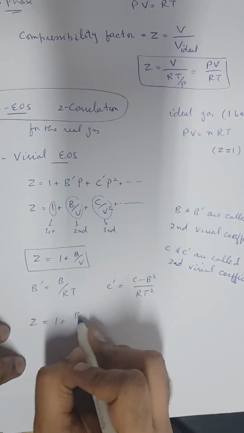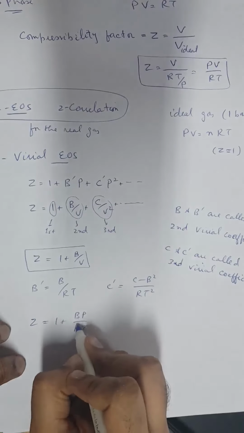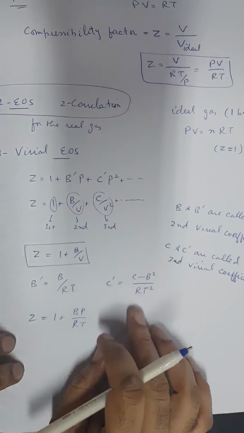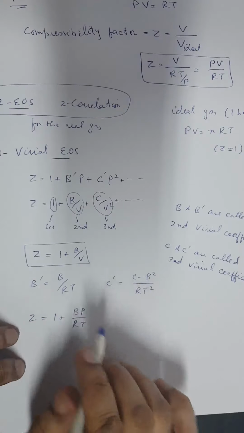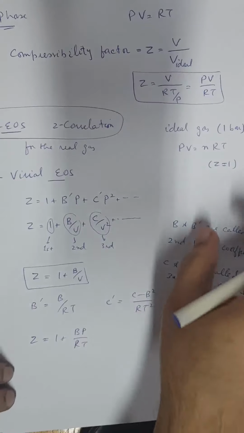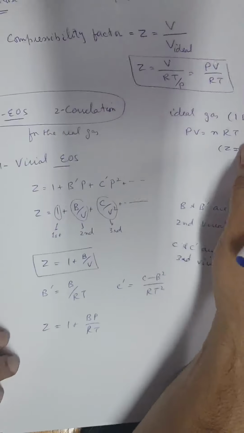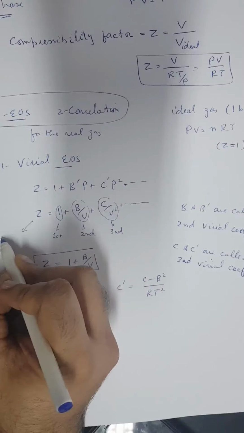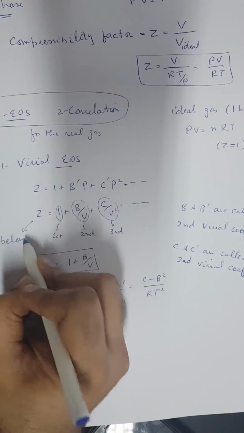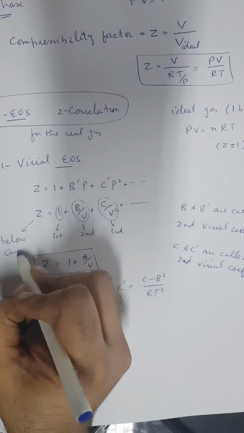And another form of the virial equation is 1 plus BP over RT. So we have this form, and we also have this form. So you see there are so many forms of the virial equation of state. This equation is generally applicable below critical temperature, below critical condition.